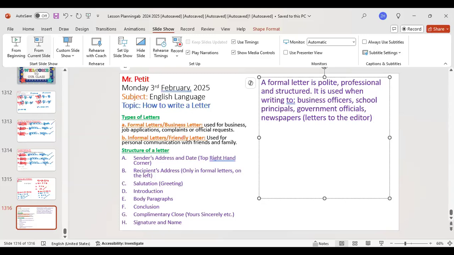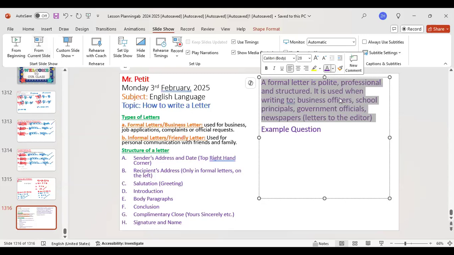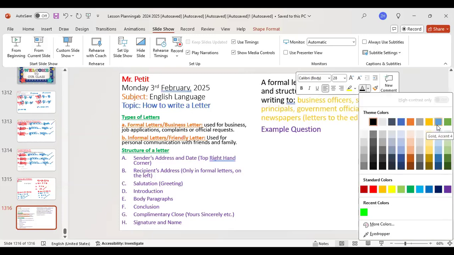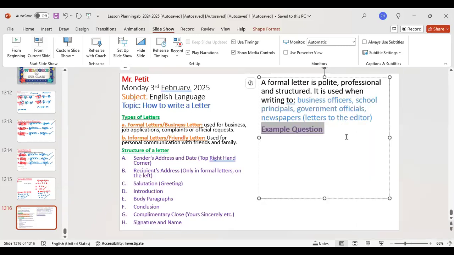So an example question could be: write a letter to the principal of your school to hold a fundraiser for a student in need.